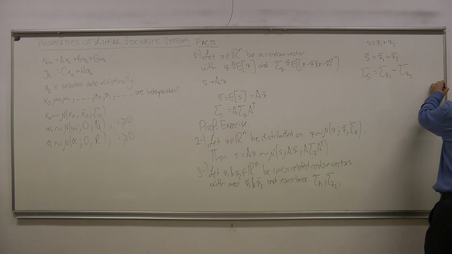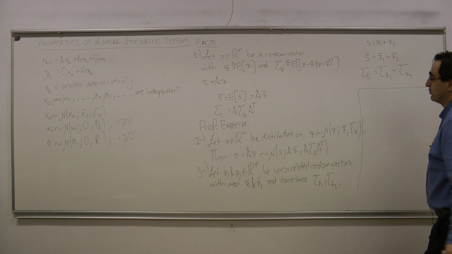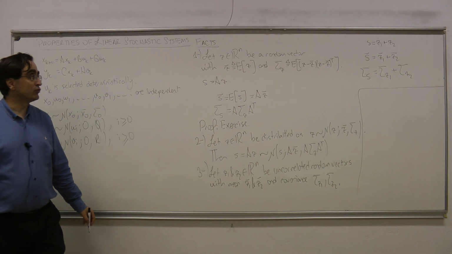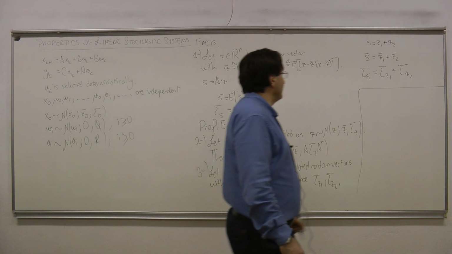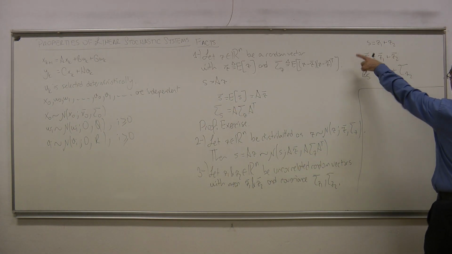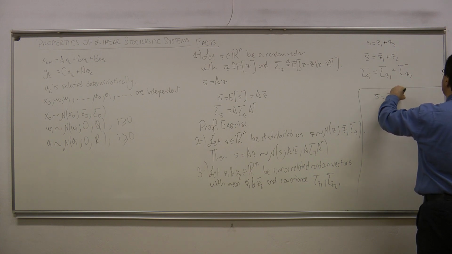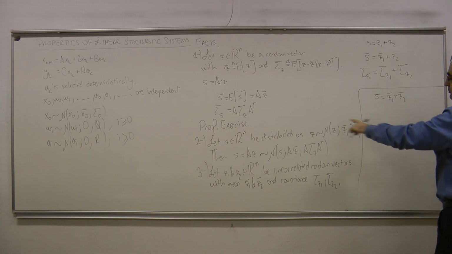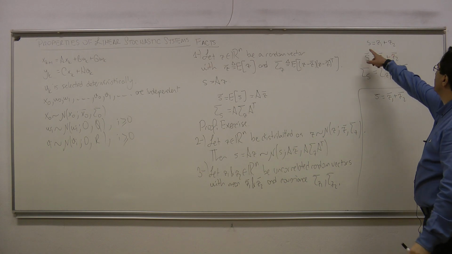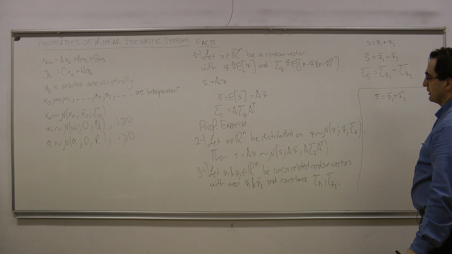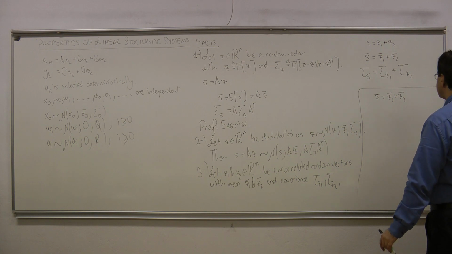I told you that I'm not going to go over the proofs, but let me try to show you what is happening here. As I told you, the mean of S would always be the summation of the means of Z1 and Z2. Expectation can always be distributed over the summation here. It's a linear operation.